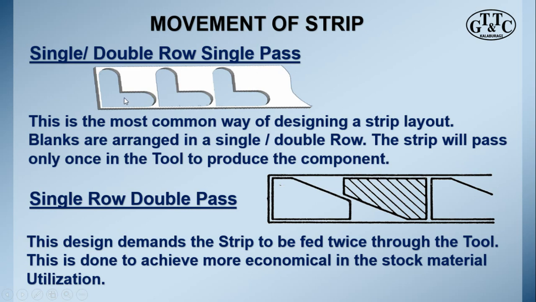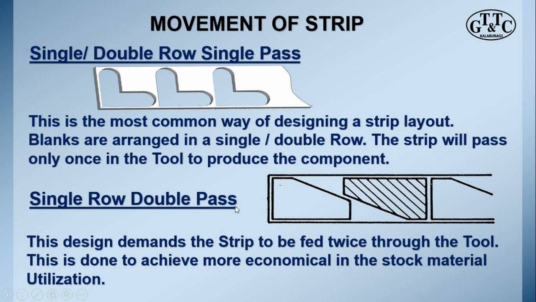Or sometimes in a strip you can place two components parallelly, and then it becomes a double row, but the strip again will pass a single pass through the tool to produce a component. But the other thing we see is the single row and a double pass.